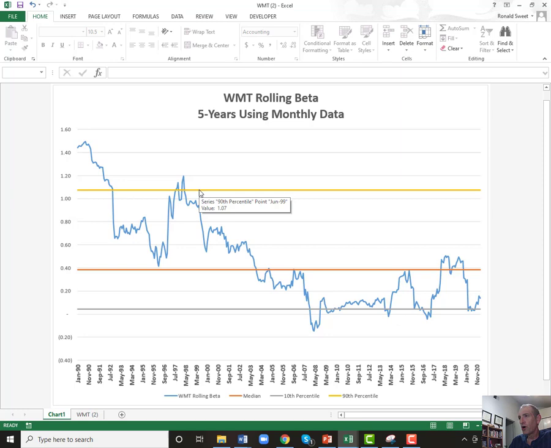I generally think of Walmart as being a 0.7 beta company, but you can see, looking at their history, boy, in the last several years they've spent no time above 0.6. So really, this century, they have consistently been below 0.6. Part of that is they did extremely well in 2008 and in 2020, those two years when the markets really moved.